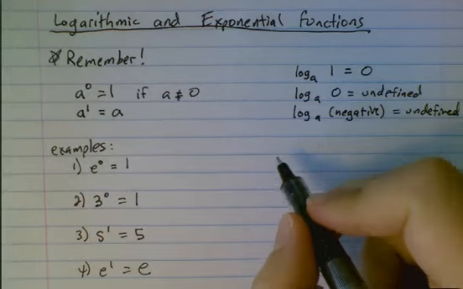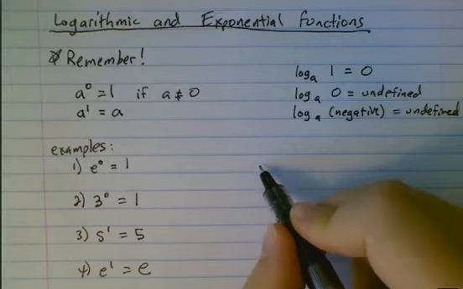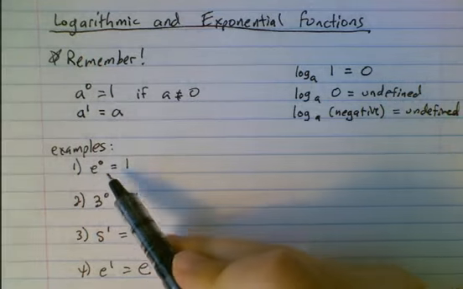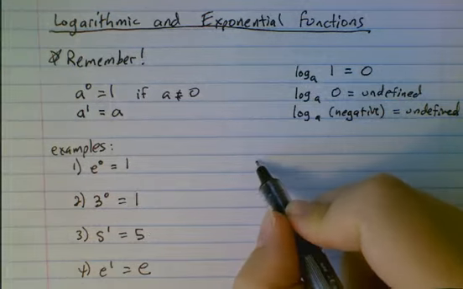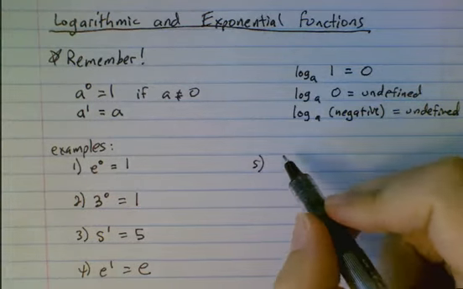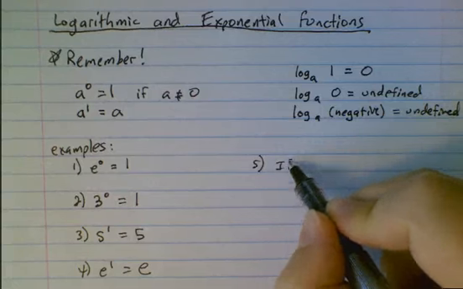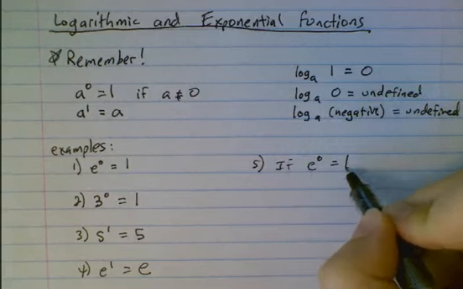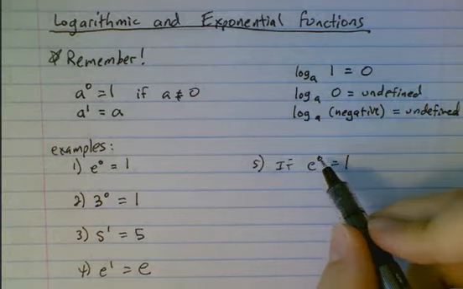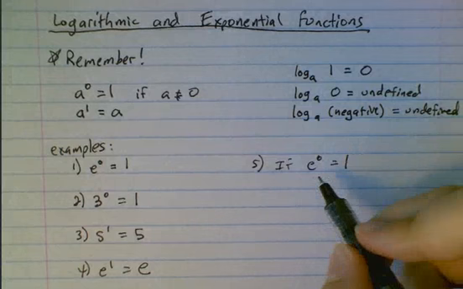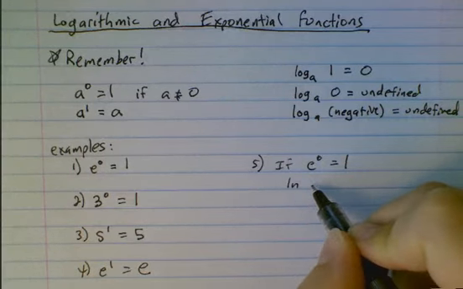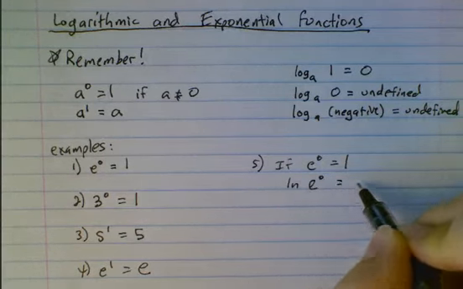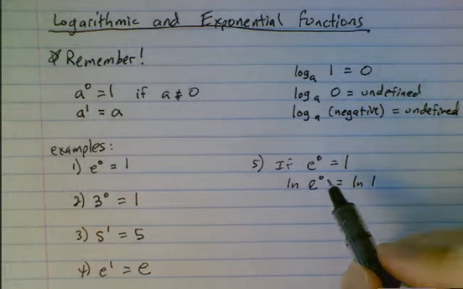On the logarithm side, let's see where some of these come from. So we know, for example, that e to the 0 power equals 1. So if e to the 0 power equals 1, then we can undo this e to the power of by taking the natural log, that's log base e, of both sides. So that means ln e to the 0 equals ln 1.